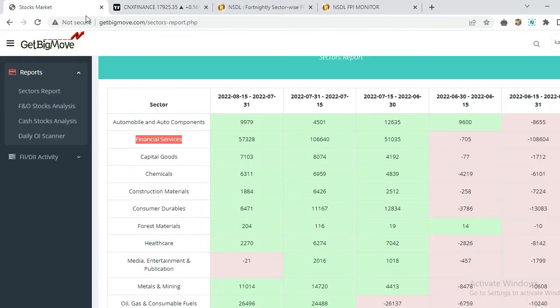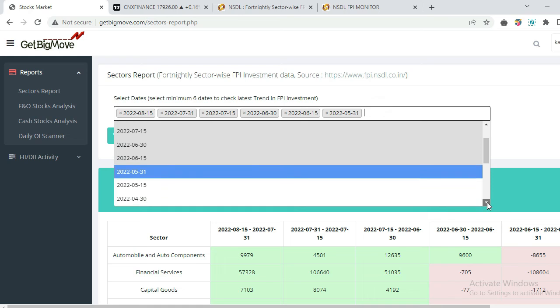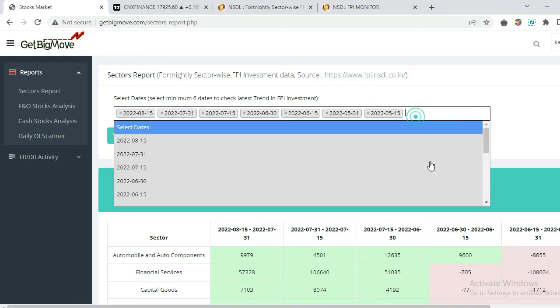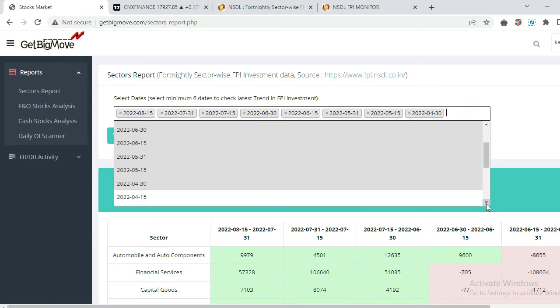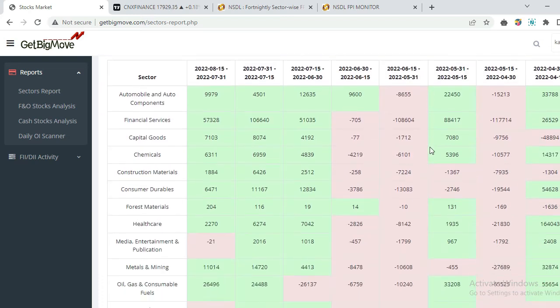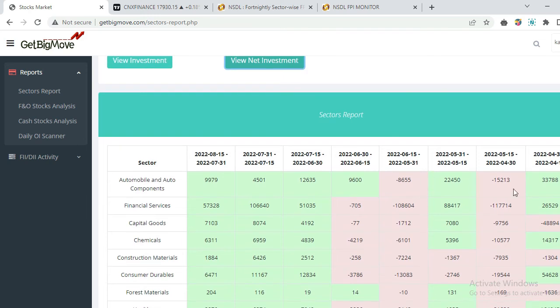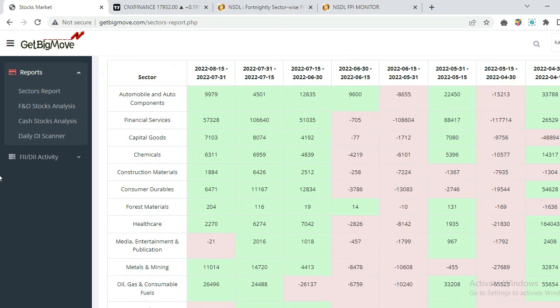I will add a few more dates so that you can see what was going on in financial services in the previous months. They were continuously removing money from financial services.